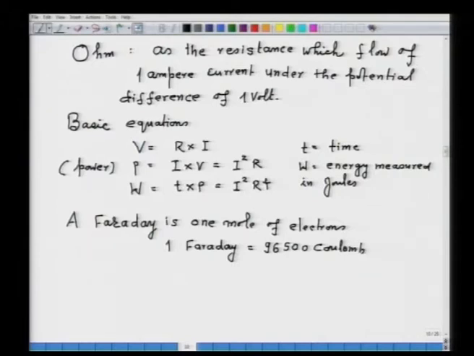Also it should be known that 1 Faraday on passing in an electrolyte will discharge 1 gram equivalent of ions.